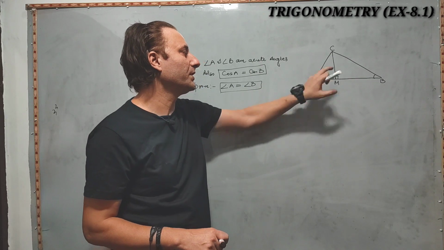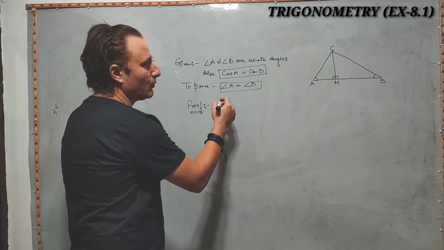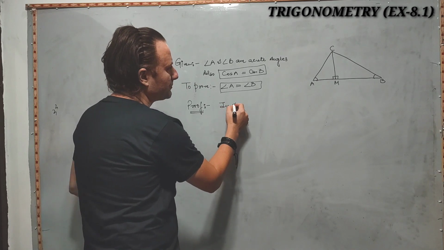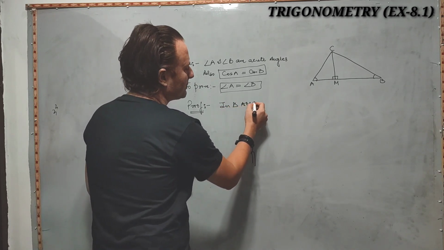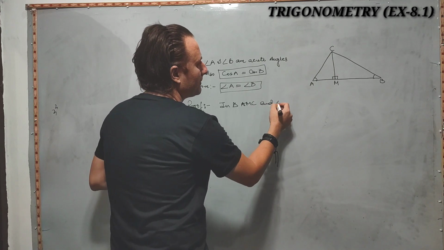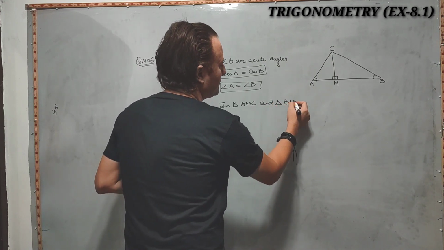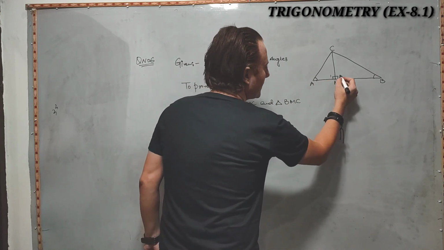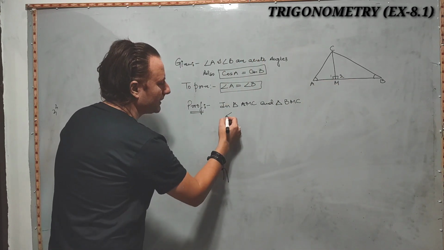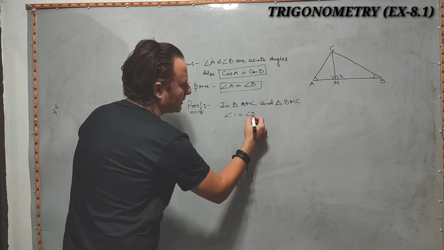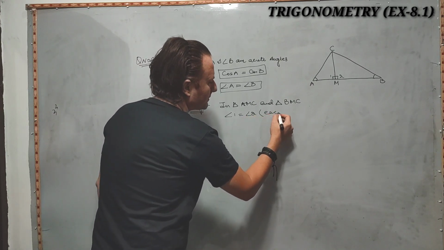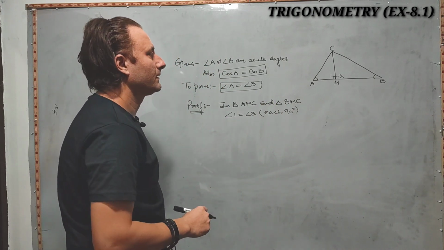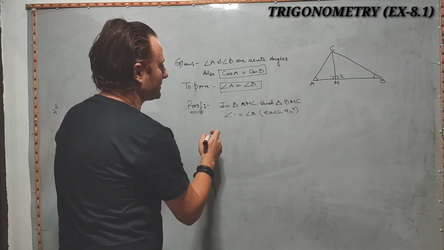So in triangle AMC and triangle BMC, let me put this as 1 and this as 2, I have angle 1 is equal to angle 2. Why? Because each is 90 degrees. Clear?